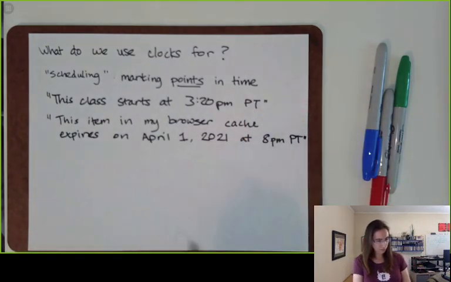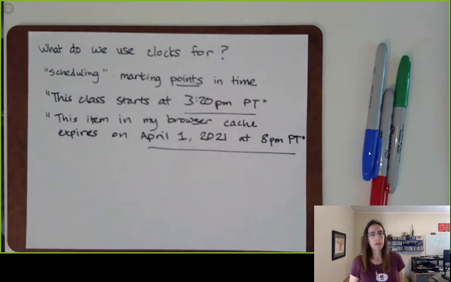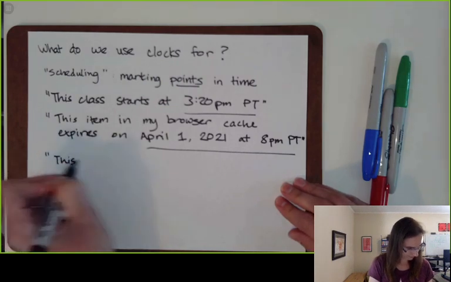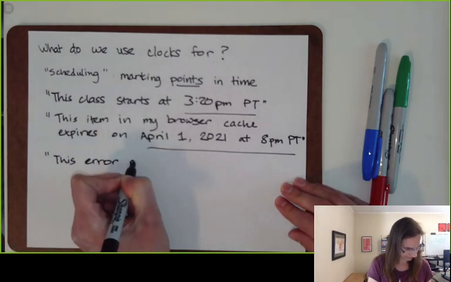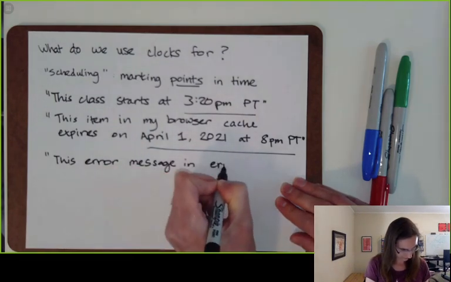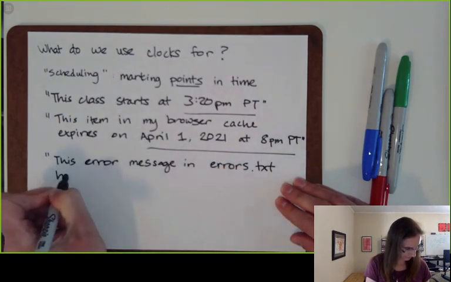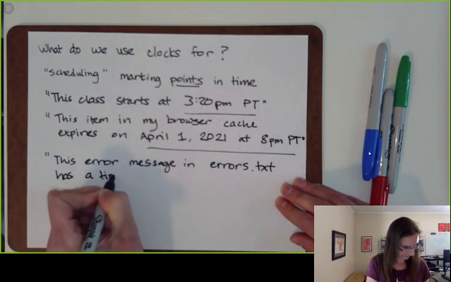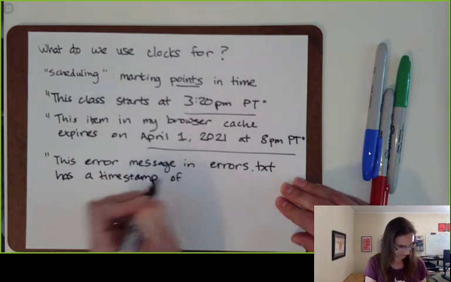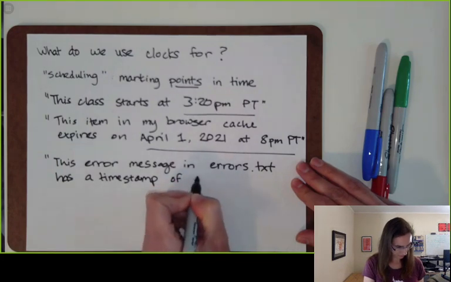So these are marking particular points in time. Or this error message in the log file has a timestamp of whenever.